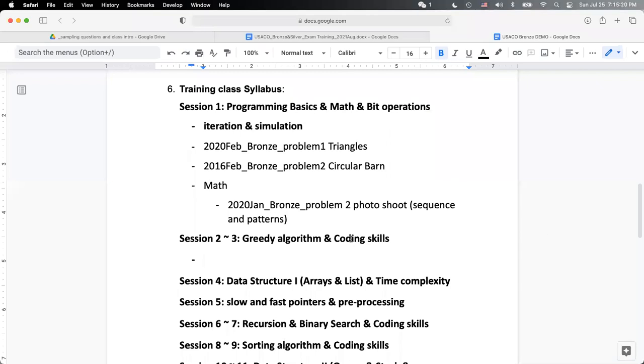Greedy algorithm, this topic becomes very intensive when you get promoted into Silver or even Gold, but there are still questions at Bronze level.